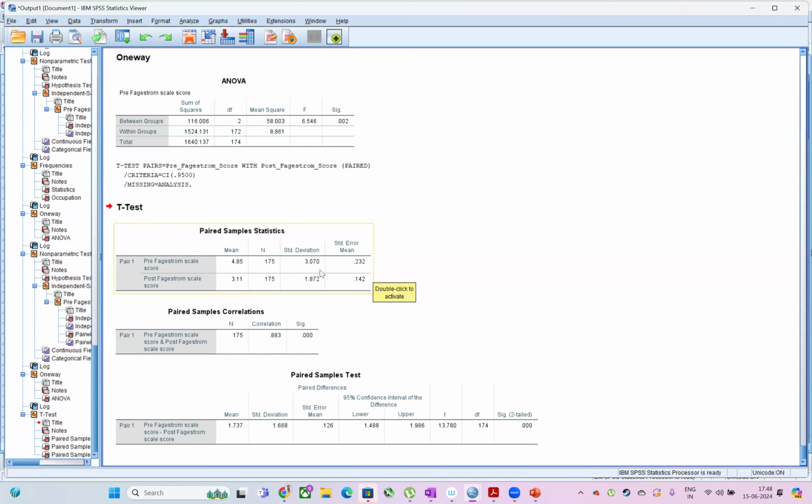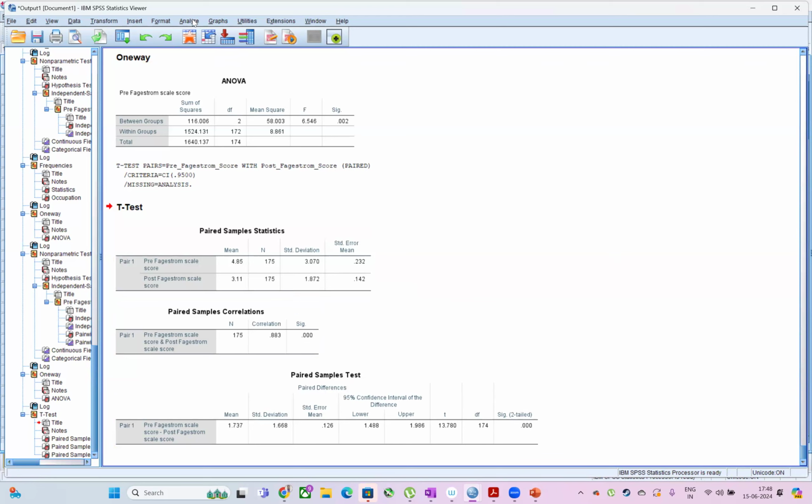Again, this is non-normally distributed data, so I cannot use the paired sample t-test. So instead of this, what should I use? Yes? Wilcoxon. Wilcoxon test. Exactly.